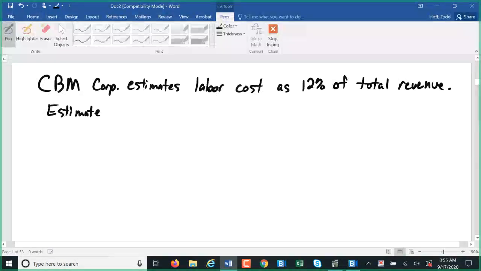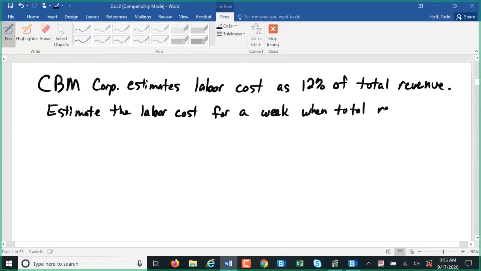Estimate the labor cost for a week when total revenue is $620,000.